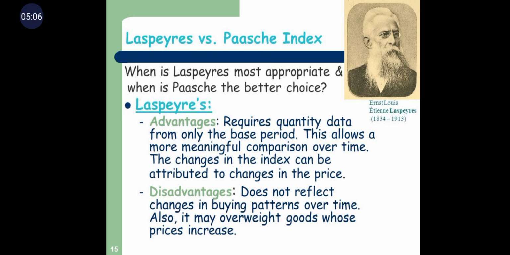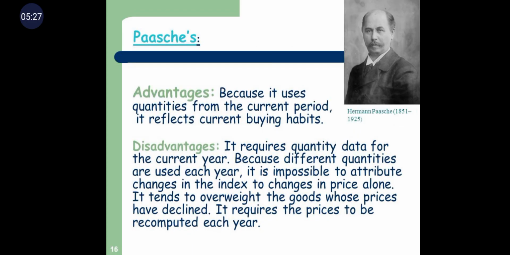The change in this index can be attributed to the change in price. The disadvantages: it does not reflect the change in buying patterns over time, and it may overweight goods whose prices have increased.